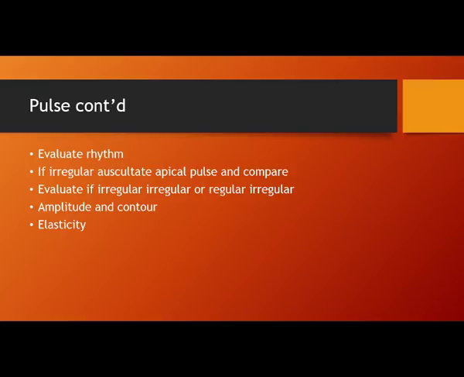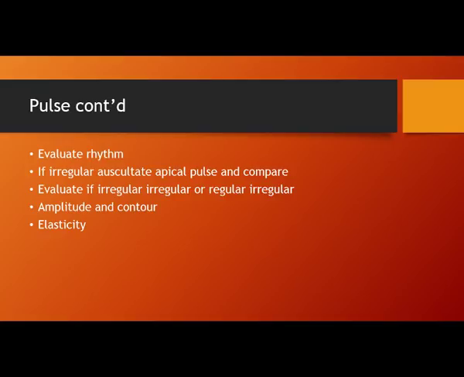If it's irregular, you would want to auscultate the apical pulse, and we'll teach you more about doing that when we get to the heart. But you basically go to the fifth intercostal space on the midclavicular line, which is basically just below the nipple. It's where, when you were in kindergarten and your teacher told you to feel your heartbeat, that's where you can feel it, and you might be able to still feel it.